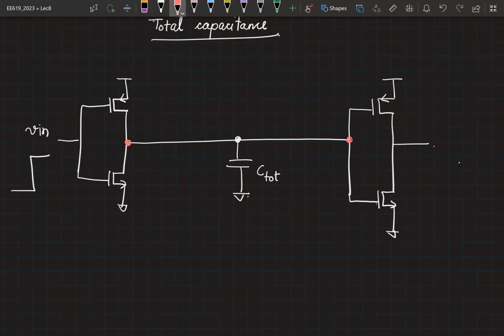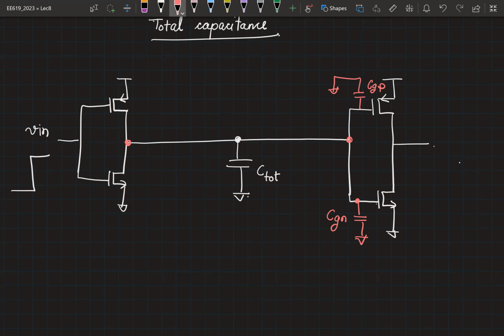So can you shout out all the capacitances? Which gate? Inverter 1 or inverter 2? Inverter 2's gate capacitance. So the total gate capacitance of this, I will call this as CGP. You will also have the total gate capacitance associated with the NMOS. So CGN. What else?